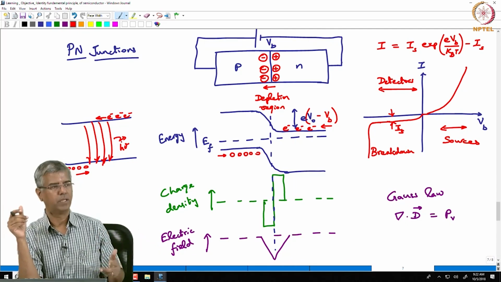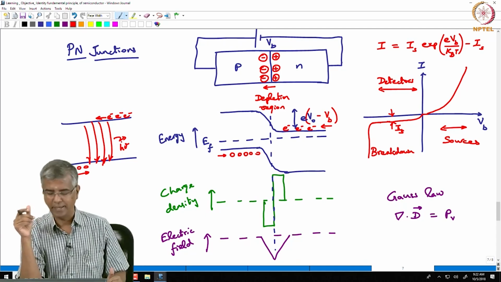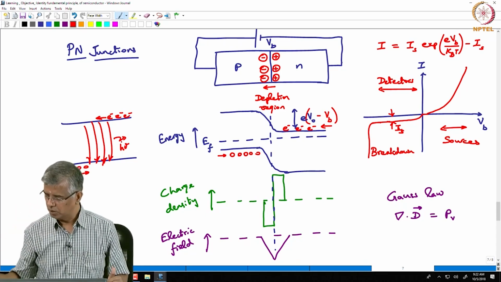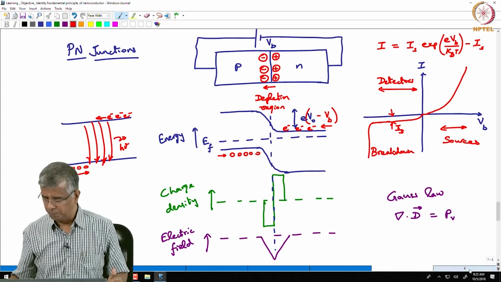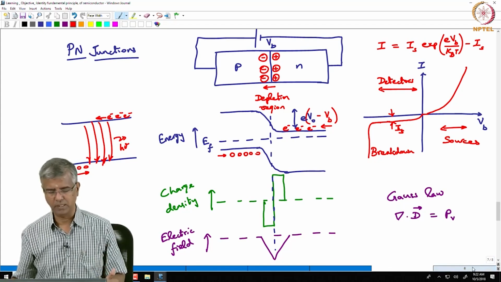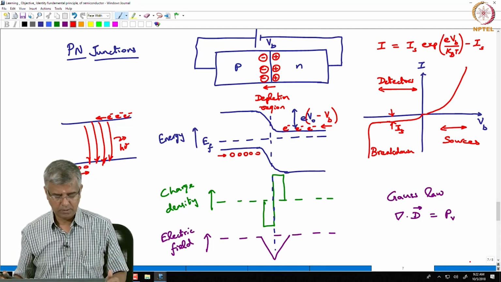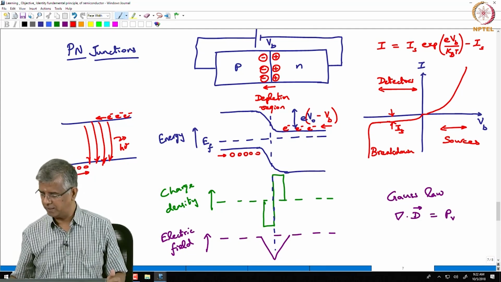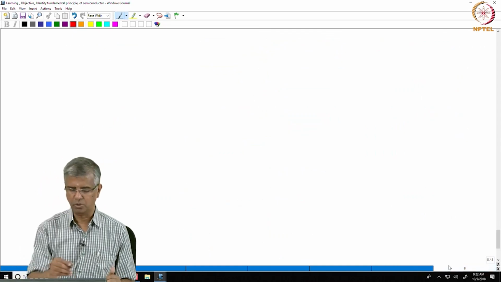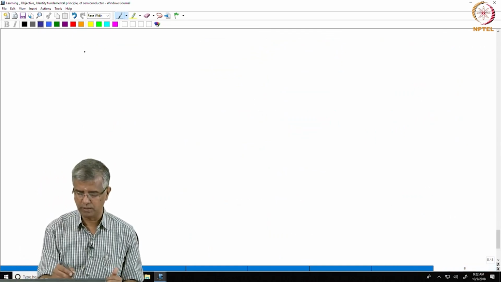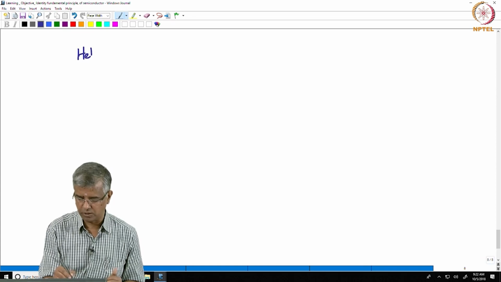So, there is no confinement of the light also. So, to improve this, to have some sort of confinement of the carriers as well as the light, you go through what is called a heterostructure.